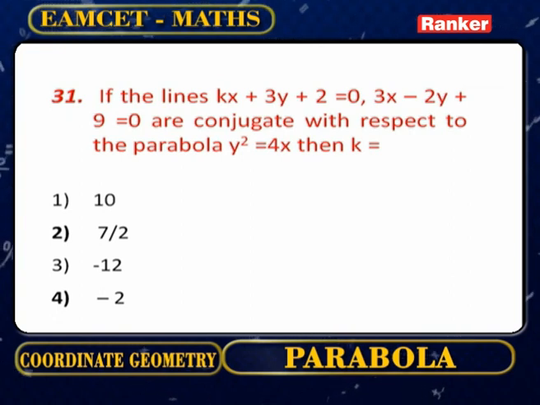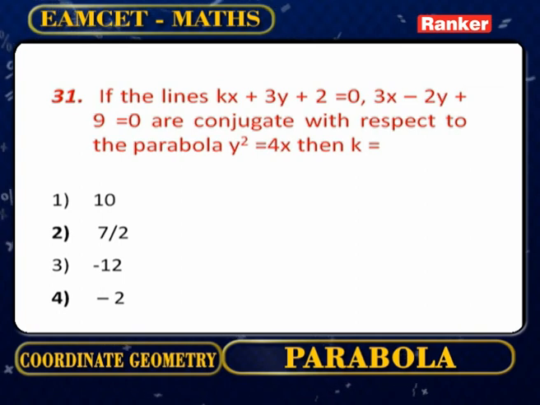If the lines kx plus 3y plus 2 equals 0 and 3x minus 2y plus 9 equals 0 are conjugate with respect to the parabola y square equals 4x, then k equals what?